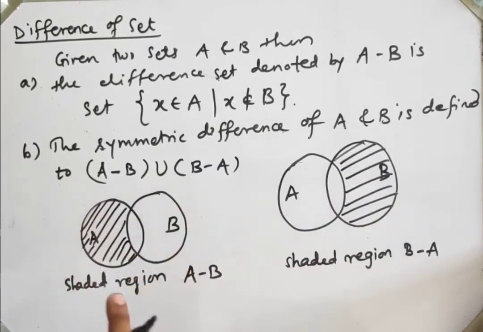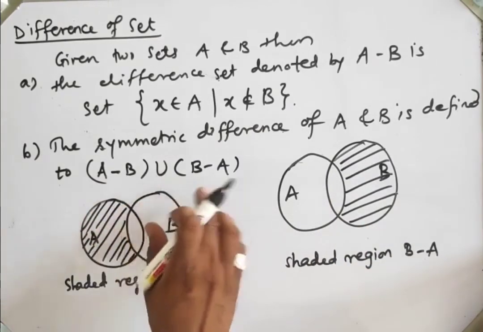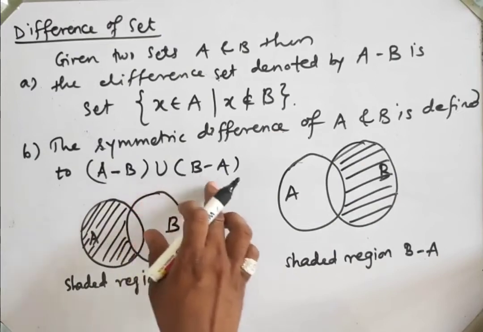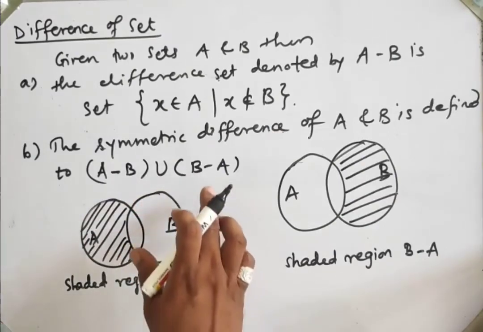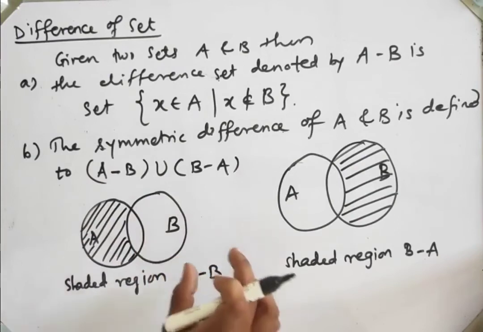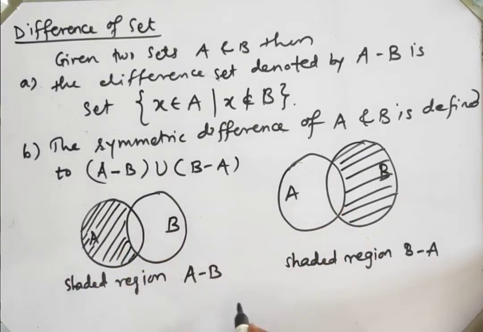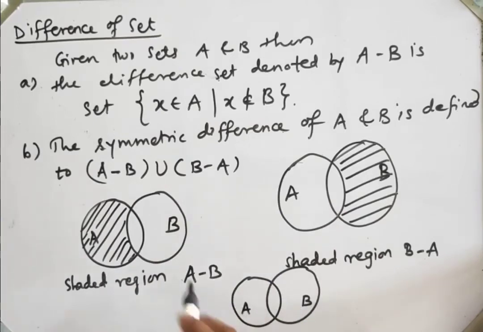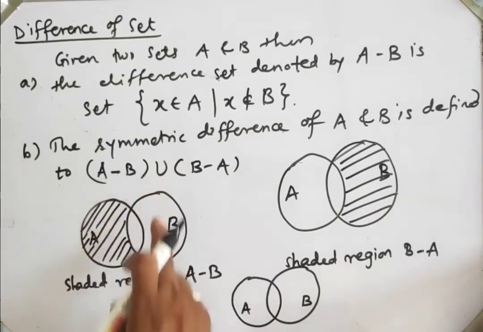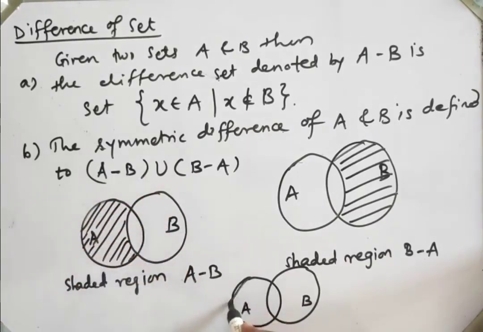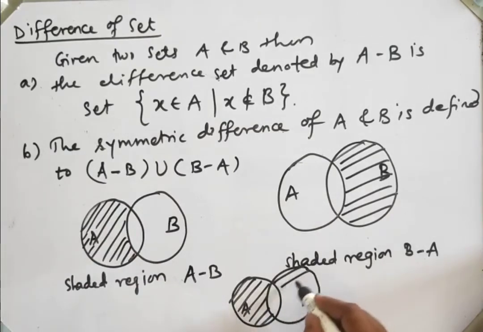Now the symmetric difference. What is the symmetric difference? It is A minus B union B minus A. If we take the union of these two sets, what will we get? This is set A and set B. A minus B is the shaded region like this, and B minus A is the shaded region like this.